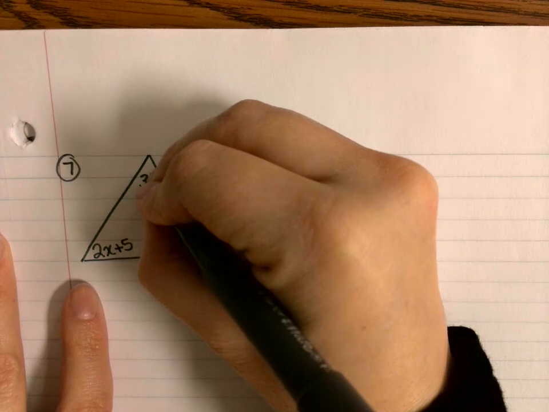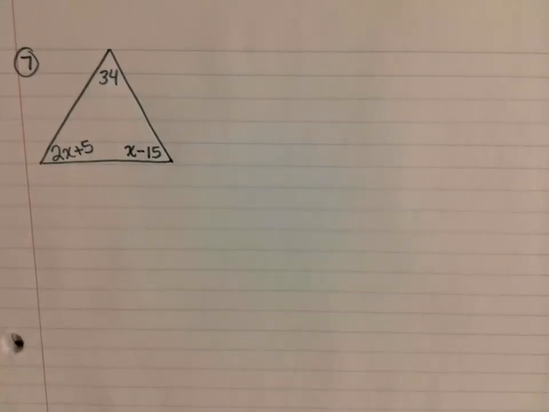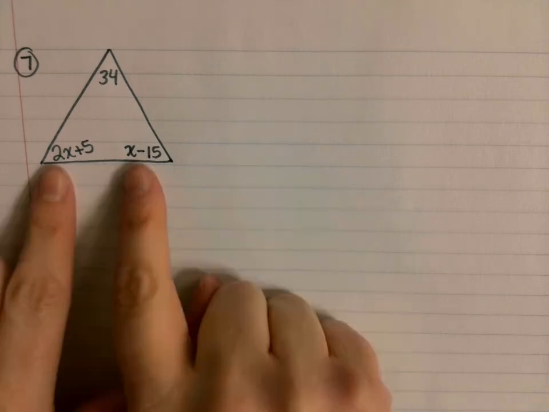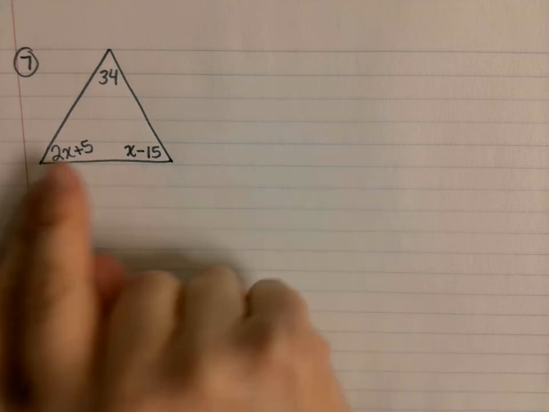All right. We're actually going to do this one together, because now you've got variables in 2 different places along with an expression for them. So we have one angle that's 2x plus 5.